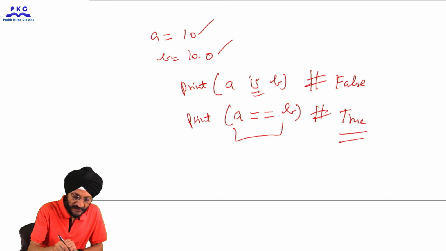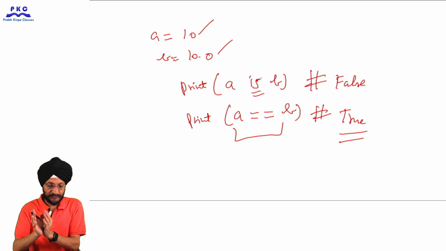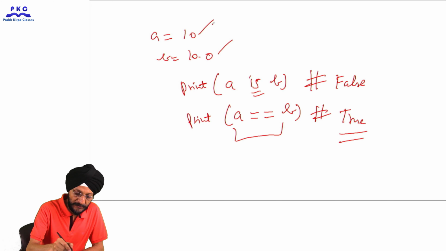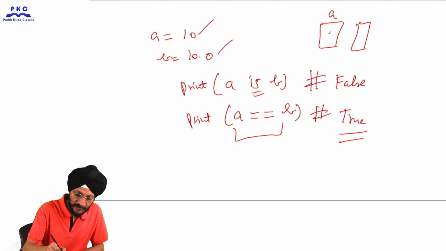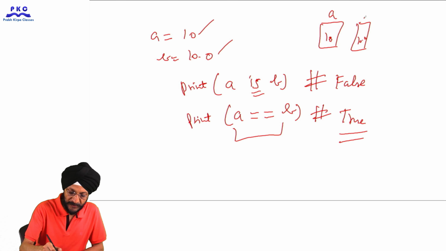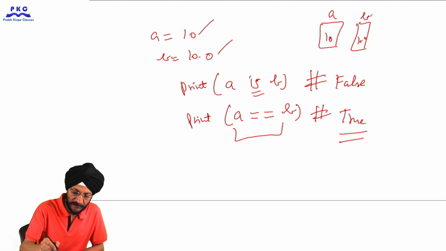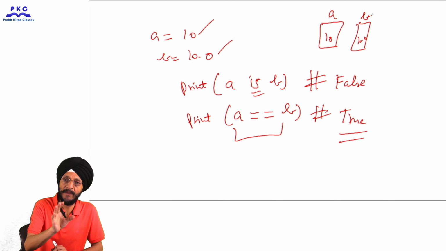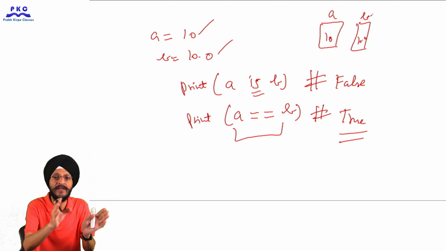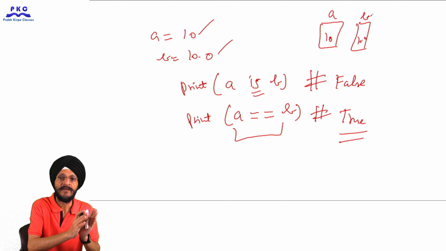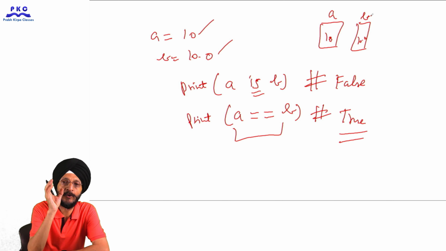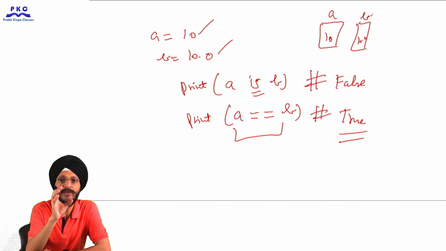But in case of the is operator, different memory locations will be there. A will be stored at a different place, B will be stored at a different place in memory by the memory manager. The memory manager will allocate different memory locations to both the objects.